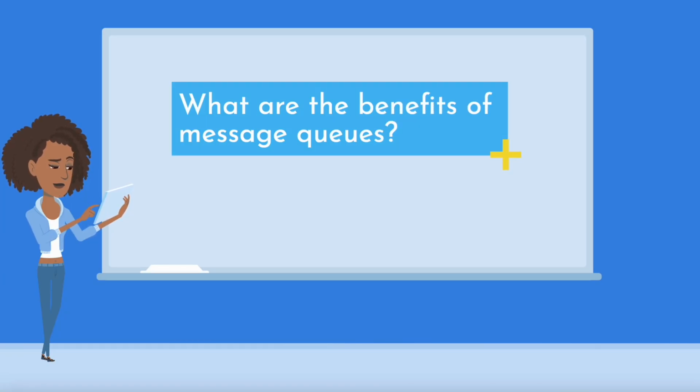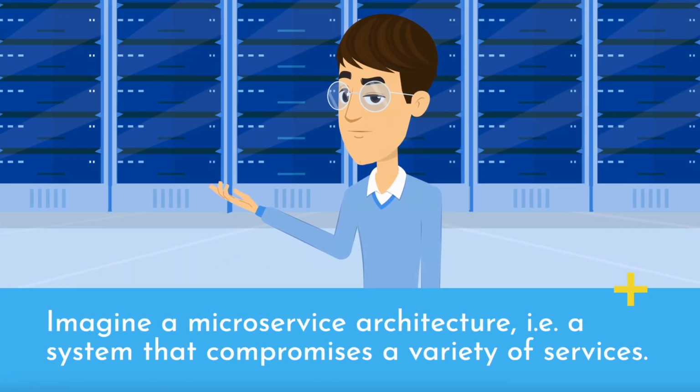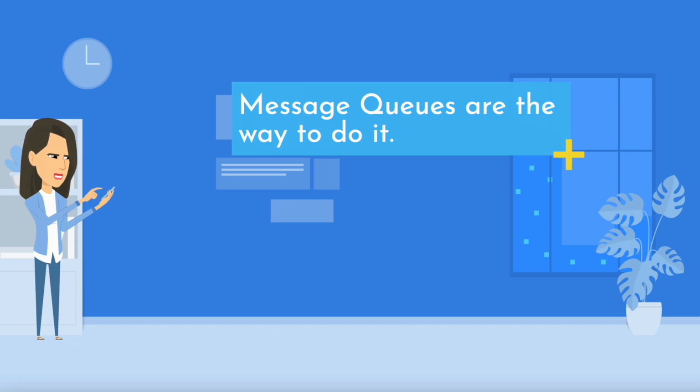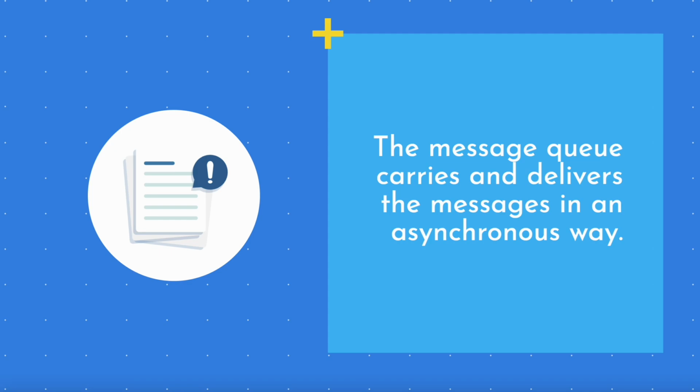What are the benefits of message queues? Imagine a microservice architecture, i.e. a system that comprises a variety of services. These services would need a way to communicate with each other. Message queues are the way to do it. The message queue carries and delivers the messages in an asynchronous way.